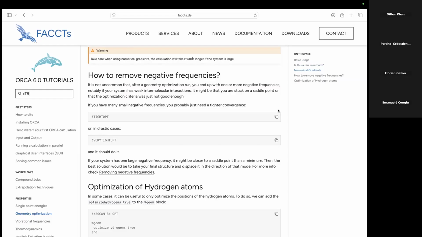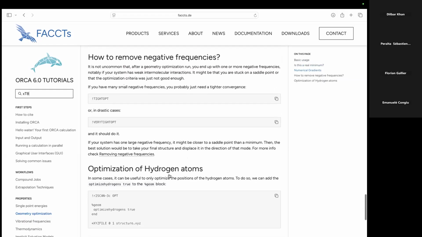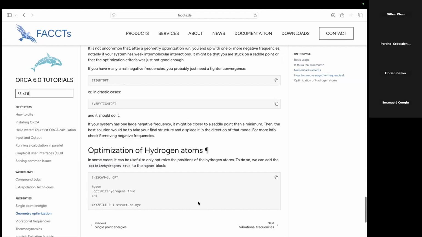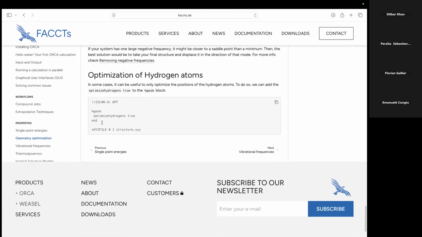You have a question about, let me read it again. Yeah, optimize hydrogens true. Yeah, optimization of hydrogen atoms. In this case, if you use that option, you're talking about this optimization hydrogen true. It's going to optimize the position of hydrogens while keeping the other atoms frozen.